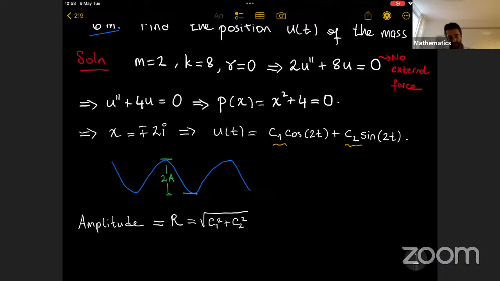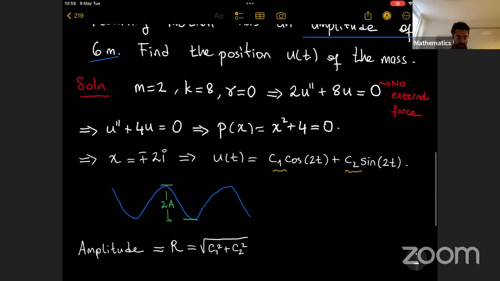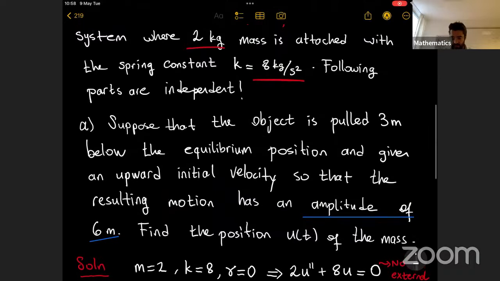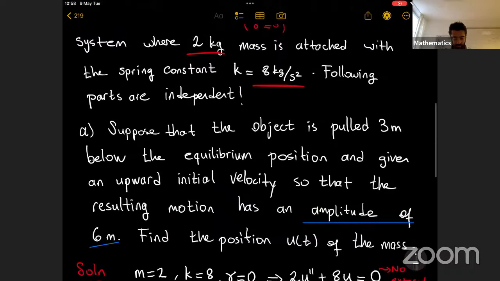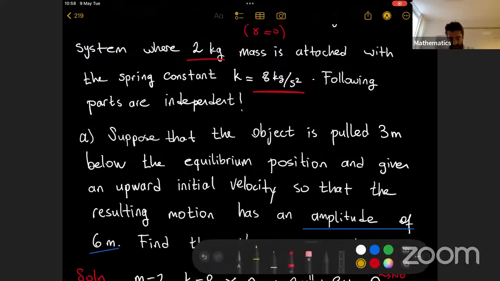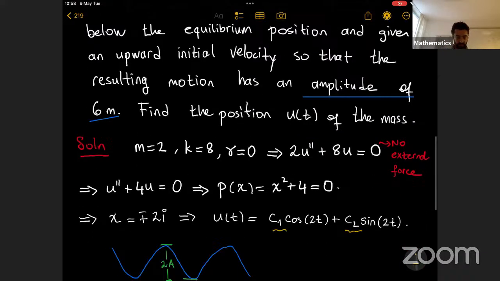This tells you what? Here, what is the initial position? We pull down the mass 3 meters below, right? That means the initial position is 3, and downward position is positive, so U0 is positive, right?